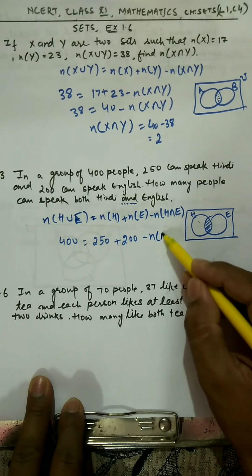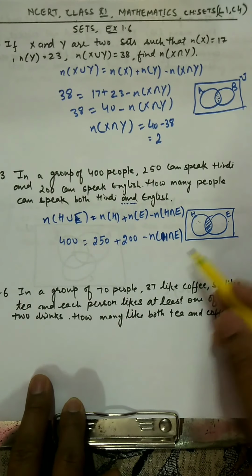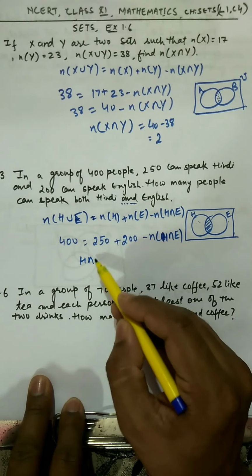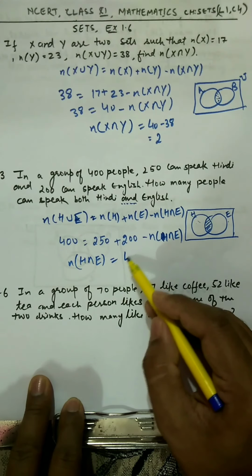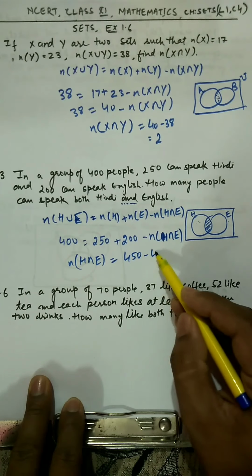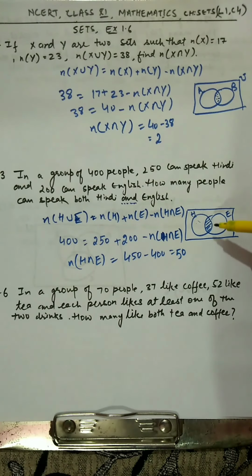We have to find the value of H intersection E with the help of this formula. 250 plus 200 is 450, so 450 minus 400 is 50. It means that in this area there are 50 people, who speak both languages, Hindi as well as English.